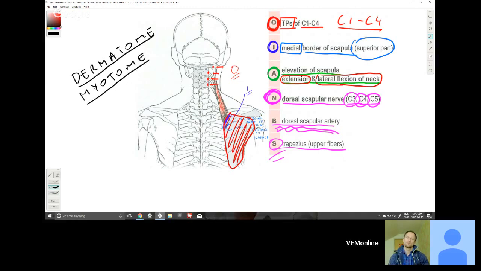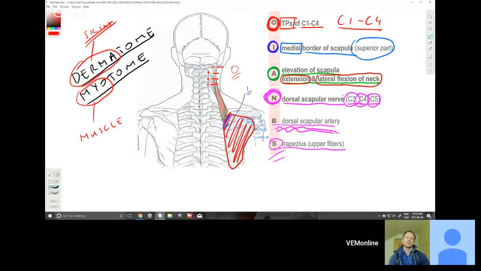So again, let's look at the name. Dermatome: derma refers to skin. Myo refers to muscle. So basically, a dermatome is a patch of skin innervated by a particular nerve.